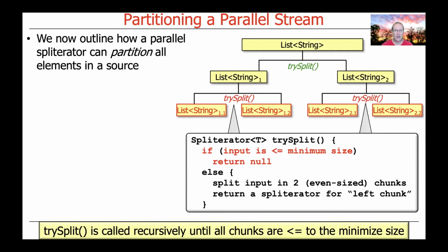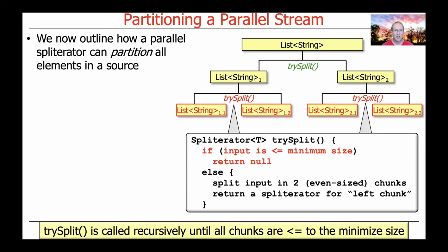Not every splitterator needs to work that way. There's other splitterators, such as the ones we'll talk about in the context of the search stream gang case study, where you don't want to split down to the size of 1. You just want to split things up to the point where you're getting a boost from parallelism. If you split things too fine-grained in some circumstances, you spend too much time splitting and not enough time running in parallel. And so there's kind of a trade-off.